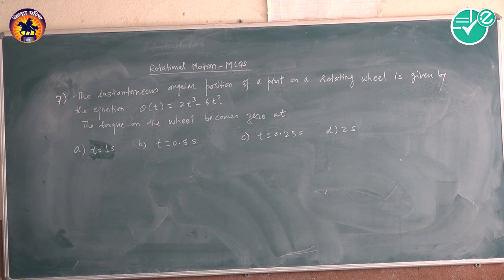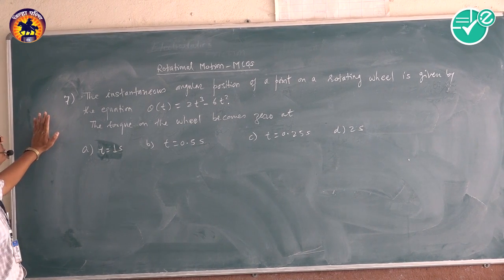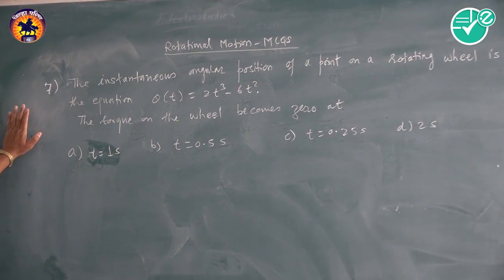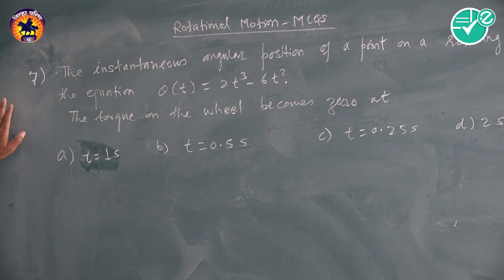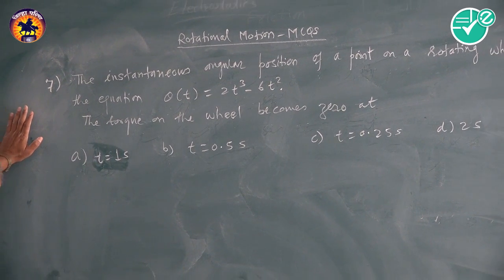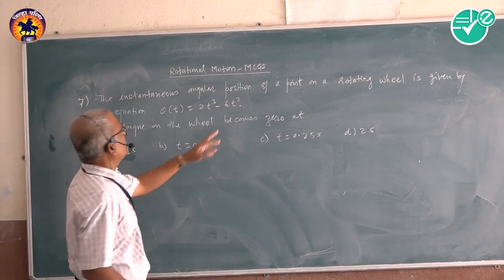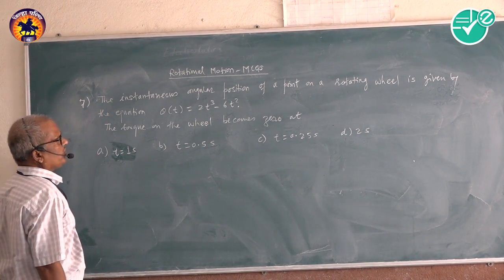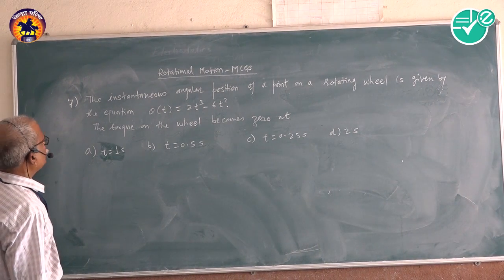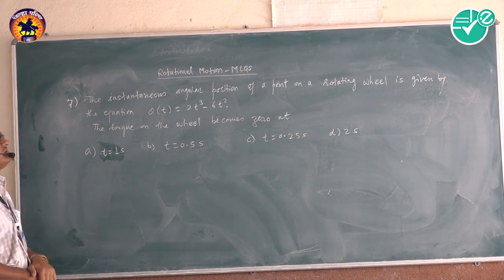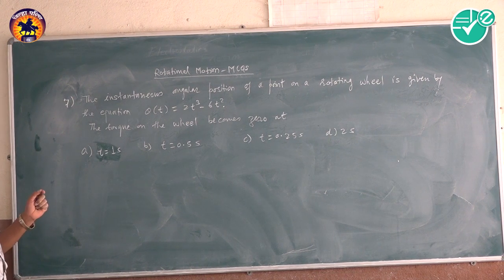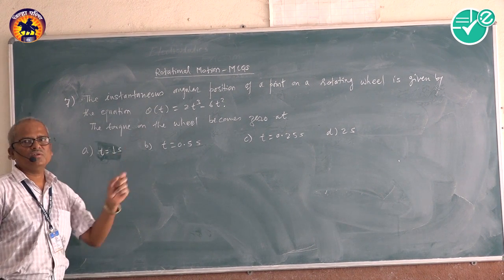Now, the instantaneous angular position of a point mass on a rotating wheel is given by theta is a function of time, 2t³ minus 6t². The torque on the wheel becomes 0 at which time? Now see, theta is given, means what is given?